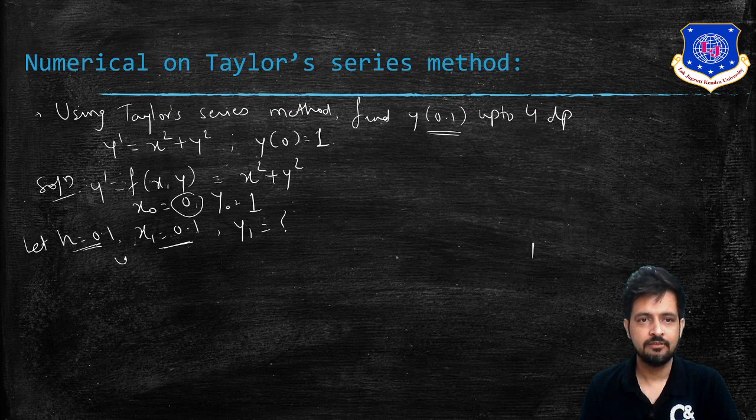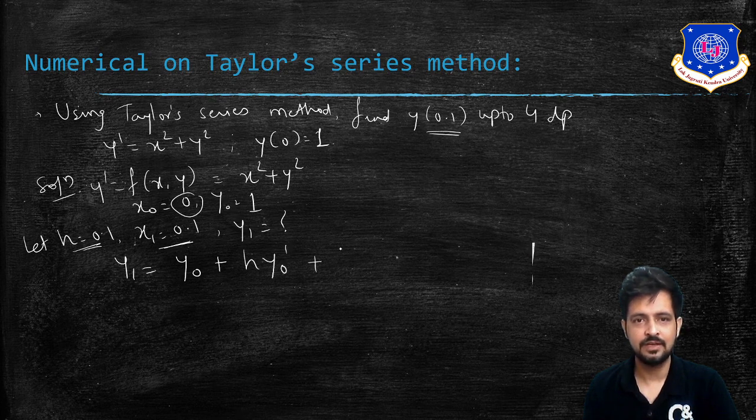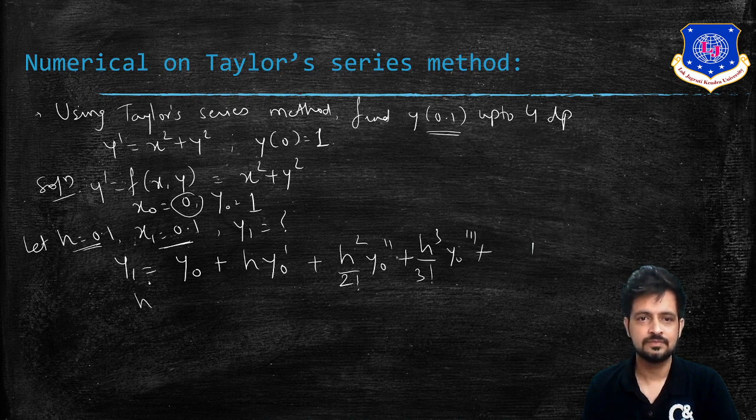If we remember, using Taylor series method, y1 can be written as y0 plus h y0 dash plus h square by 2 factorial y0 double dash plus h cube by 3 factorial y0 triple dash plus h raised to 4 by 4 factorial y0 fourth derivative, and so on.